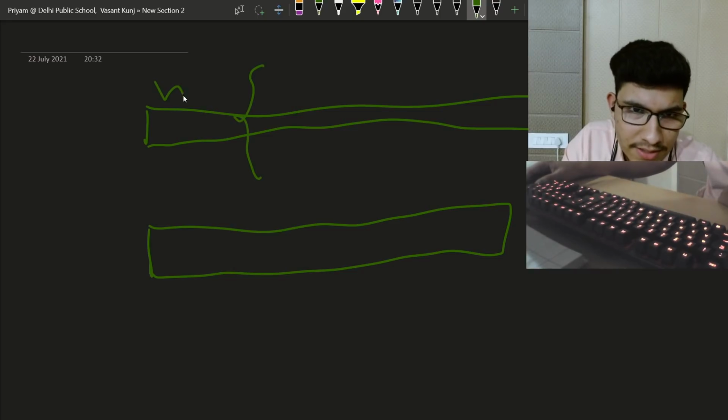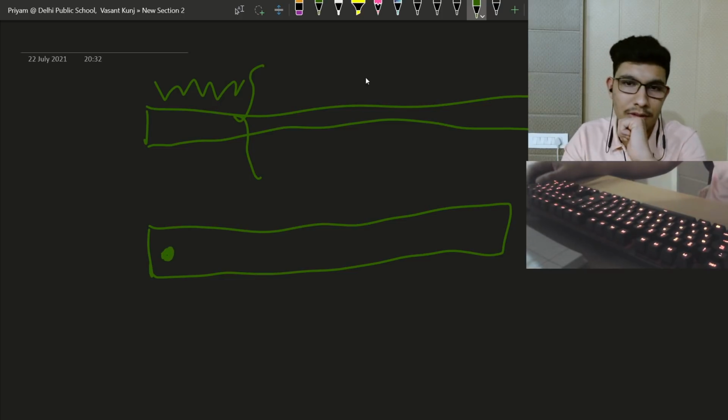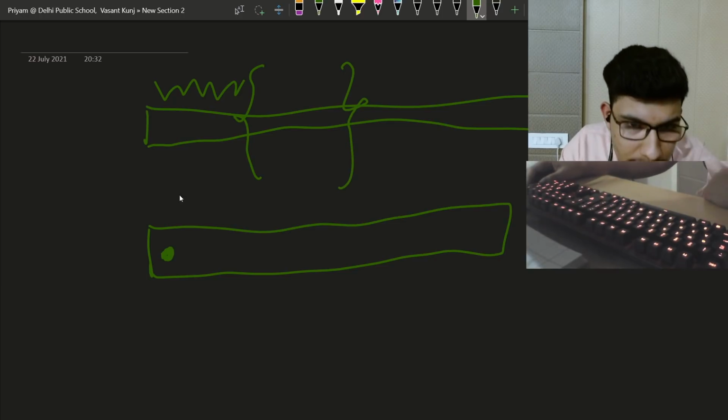I can do this by pressing backspace so many times and I include this character. Now this character is present here. Now let's say I want to pick up this much substring. So this will be present here.